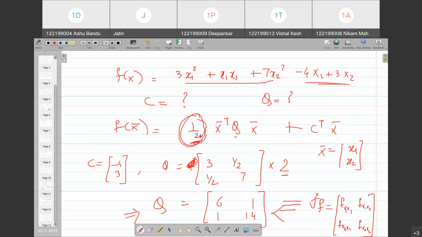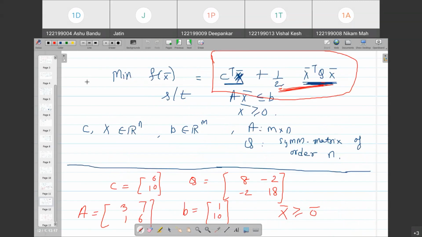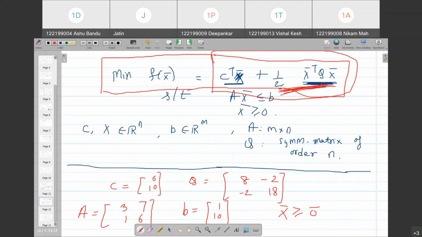If I don't write this half, your Hessian is half times that, but then you multiply by 2 so that it becomes equal to Q. That's the reason you will see many authors write a QPP in this form. Many people think, why are they writing half, what is the use? The answer is that when you take the Hessian in this form, it is equal to the Q matrix.